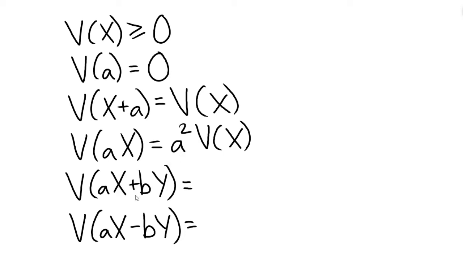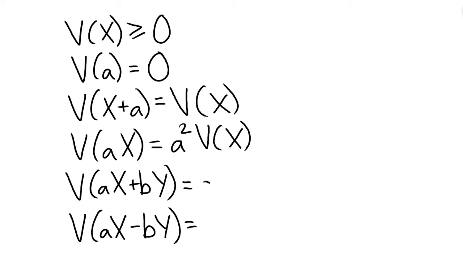And then we have two different scenarios here, where we have constant times x plus constant times y, and constant times x minus constant times y. So, what is the difference between plus and minus in this case? Well, the first step we know, we have that just over here.